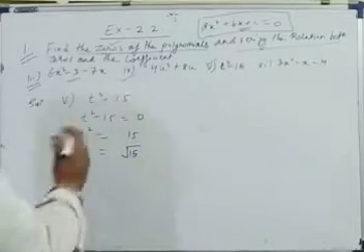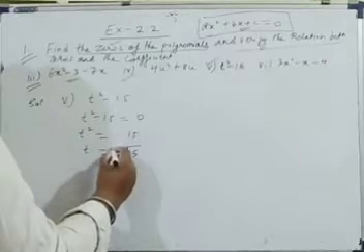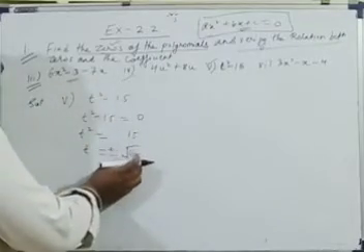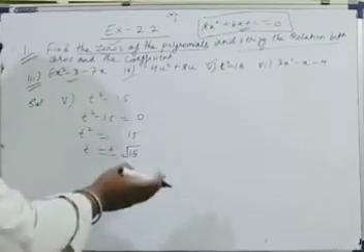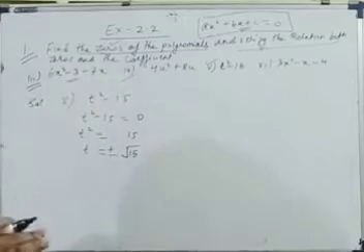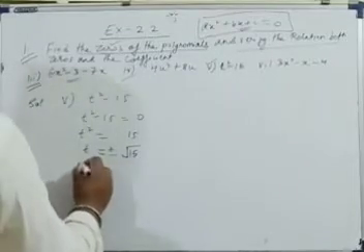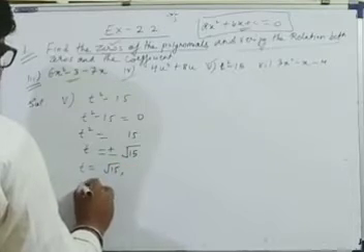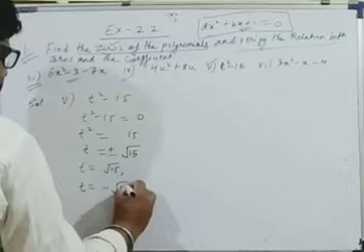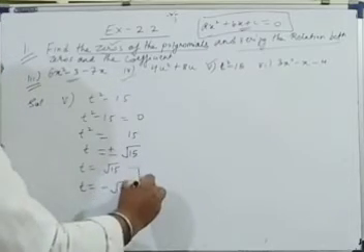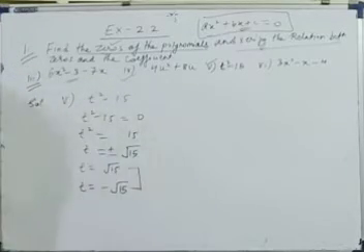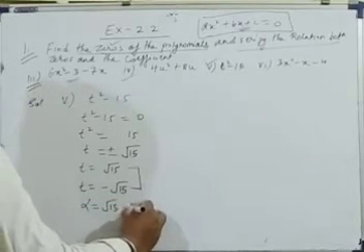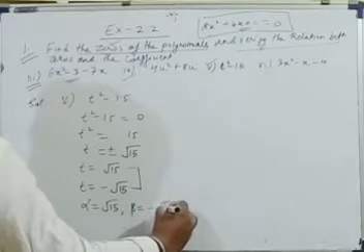Whenever you write square root, you have to take the dual sign, plus minus, and two values are possible. One value is t equals plus root 50, and the second value is t equals minus root 50. Clear? You can take one value as alpha and the second as beta.